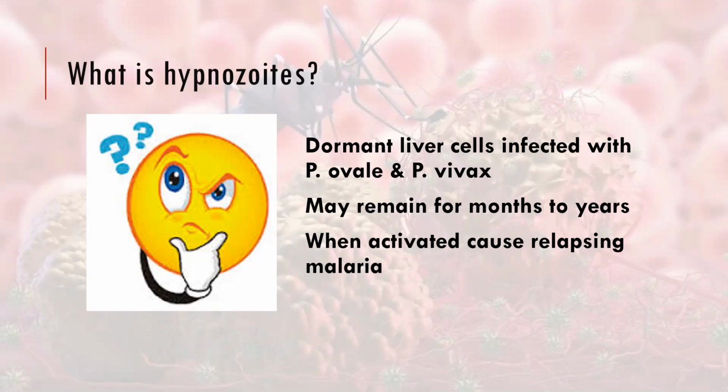Hypnozoites are dormant cells that invade the liver cells of an individual who had malaria for the past several years. And once activated, feel na feel ko yung lecture, kaya sana feel na feel mo rin dyan makinig. These hypnozoites will be reactivated, nagising na, and will cause relapse of malaria.